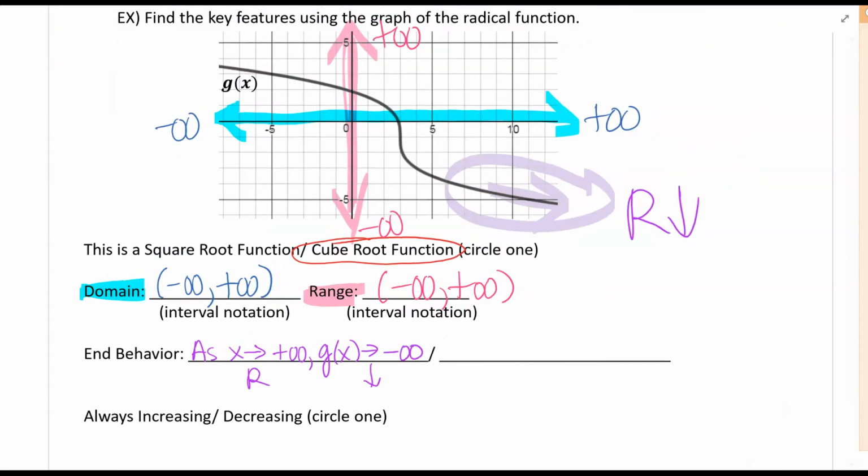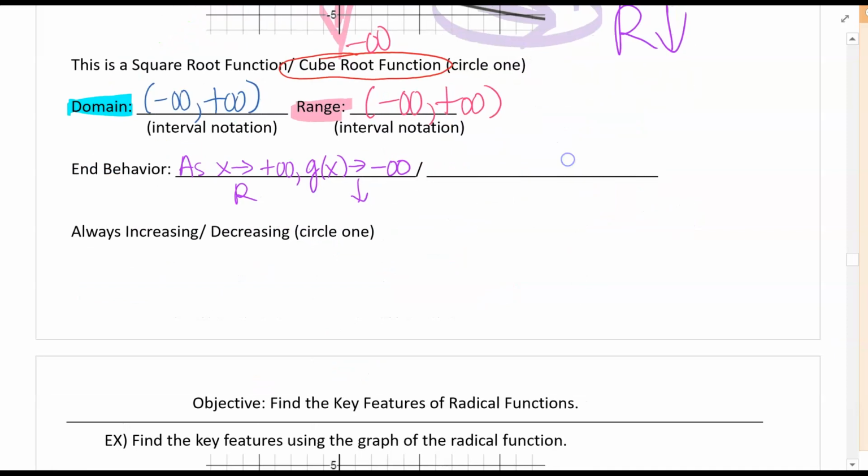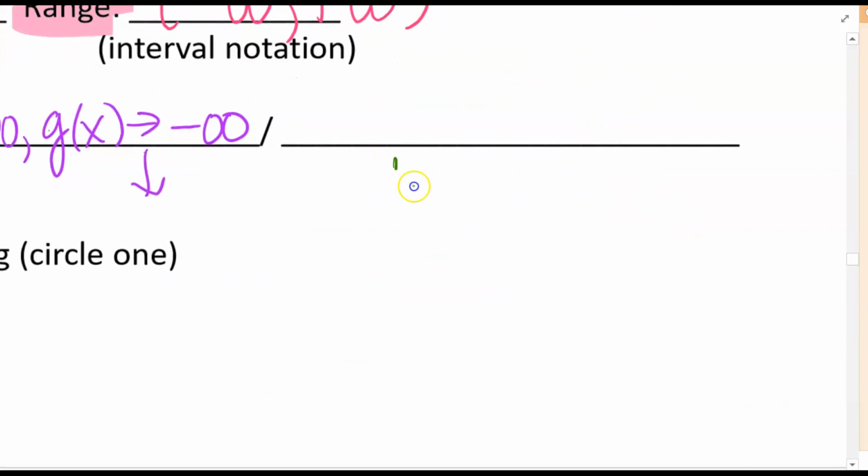Okay, the other side, this side, is going in this direction. Is that the left or the right side? Left, and is it going up or down? Up. So this one's a left up. So as x approaches the left side is which infinity? Negative.